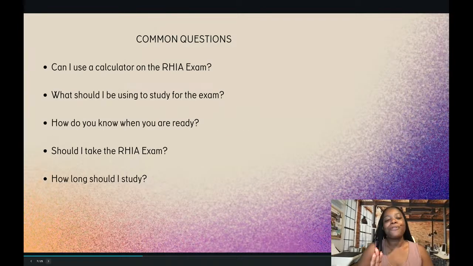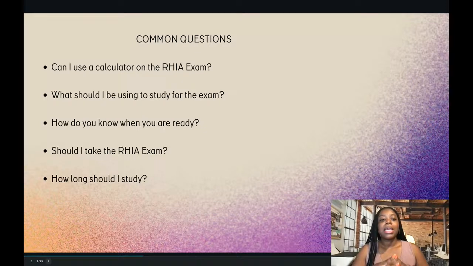So the first common question that I get is, can I use a calculator on the RHIA exam? The answer is yes, you can use a calculator on the RHIA exam. In fact, they will provide you with a calculator that you can use to answer questions. There will be questions where you will need to have a calculator.